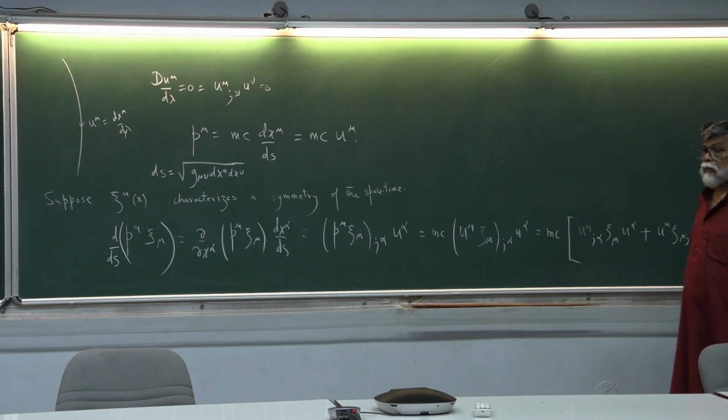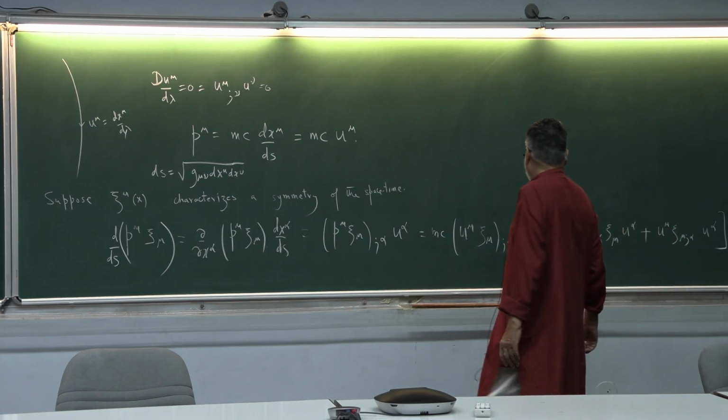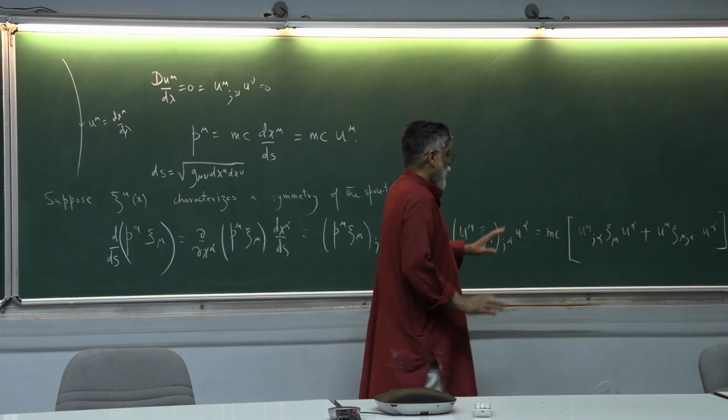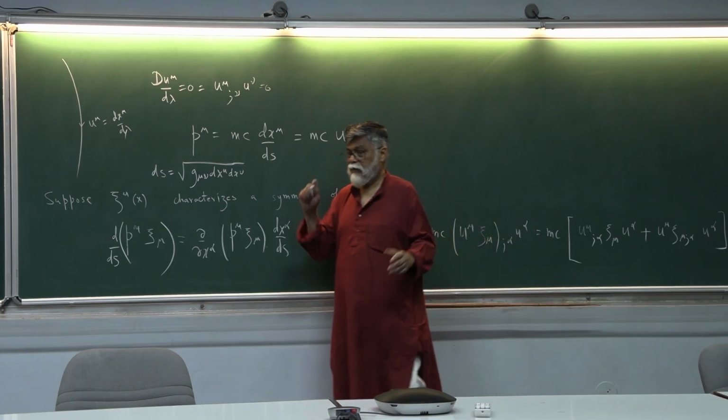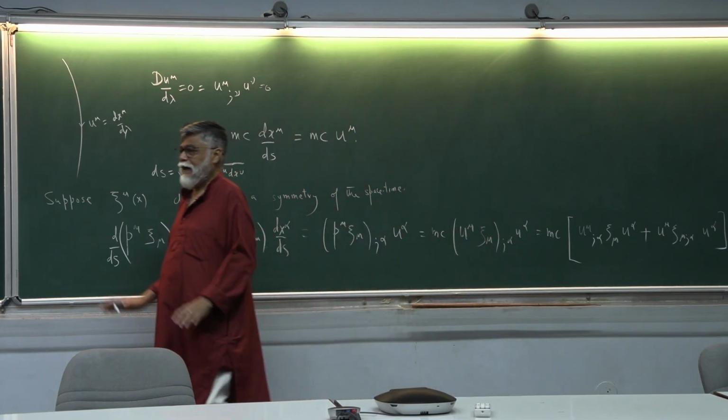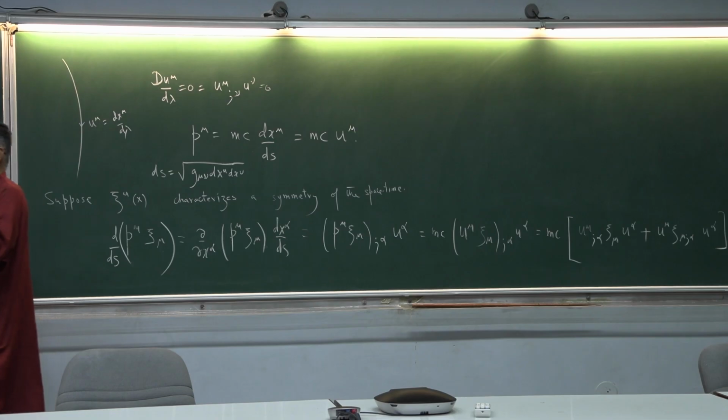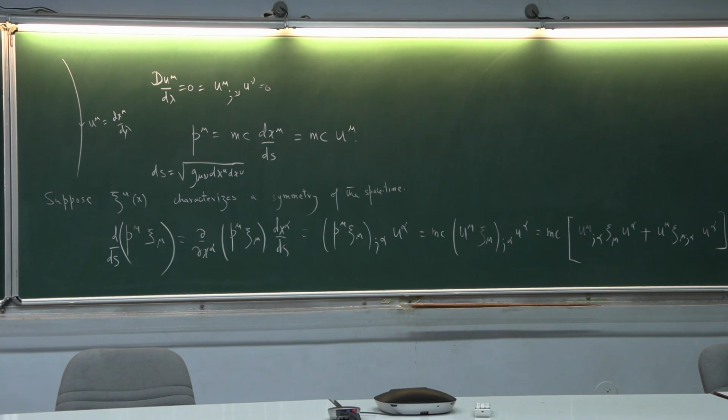Okay. I will now rearrange. After all, we are not doing quantum mechanics. We are doing classical physics. In quantum mechanics, we deal with operators, so you have to be very careful rearranging, because in general operators do not commute.